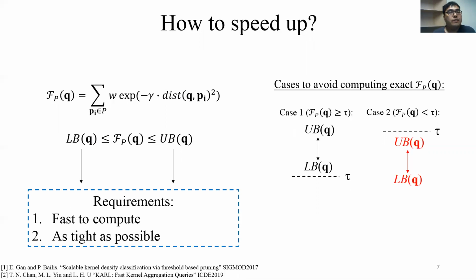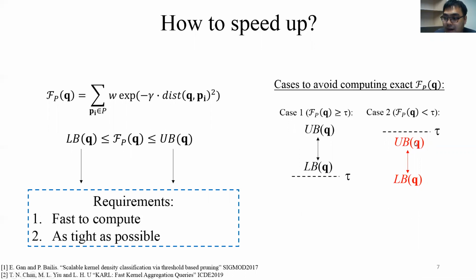And then you can ask, even if you have this lower bound and upper bound, how can we achieve the classification? Consider these two cases. Suppose the value of the lower bound function is bigger than this threshold tau. Then we can immediately conclude that F_P(q) is bigger than tau, and we can classify it as high density.